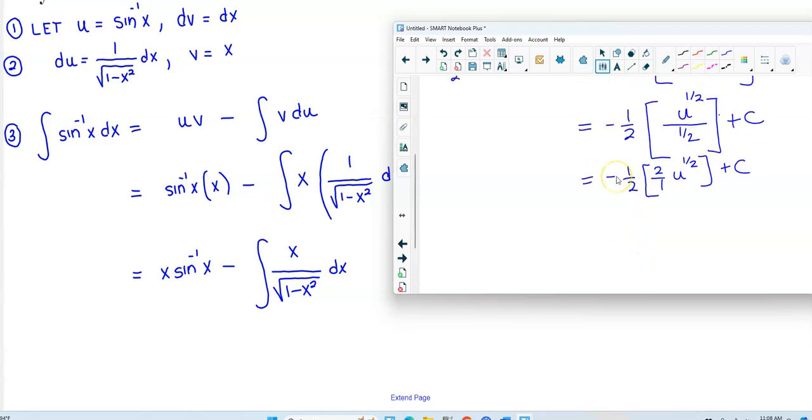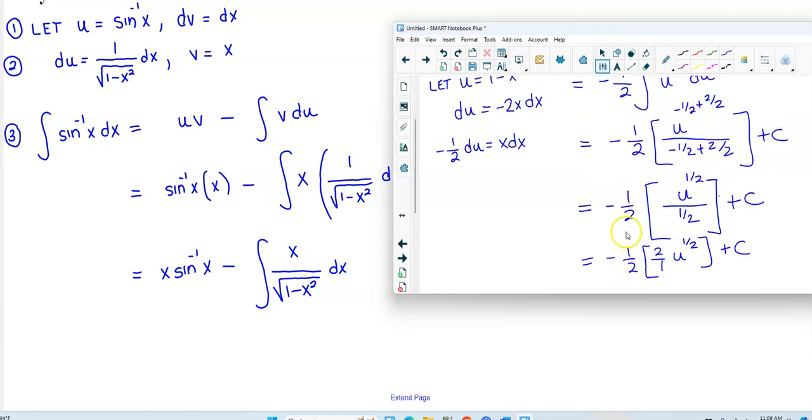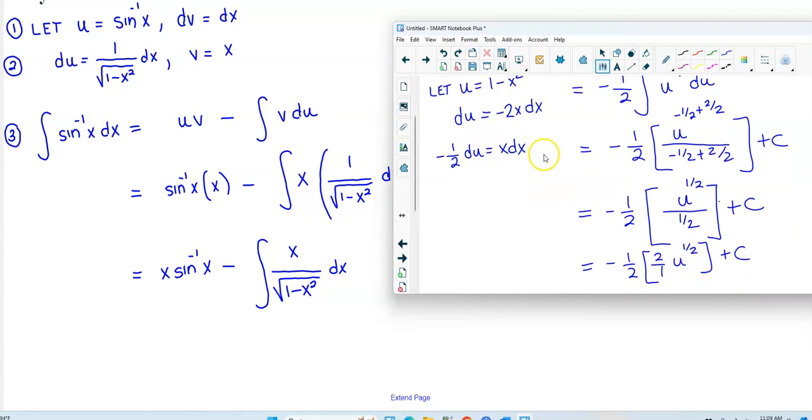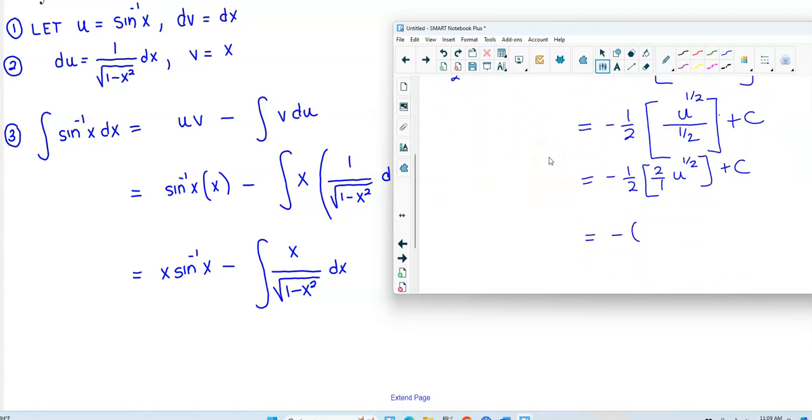So we have a negative times a positive, and this 2 divided by 2 is 1, so this is going to be negative. We know that we substituted u to be 1 minus x squared. So that's negative 1 minus x squared to the power of 1/2 plus c.